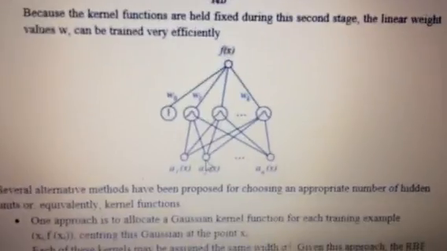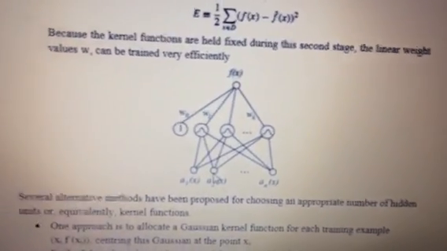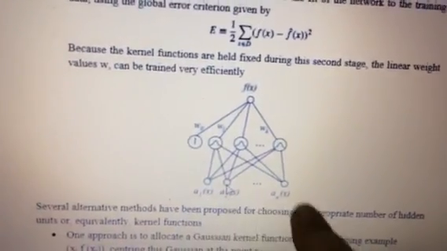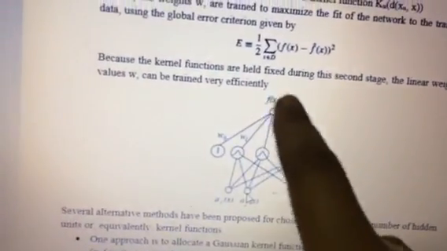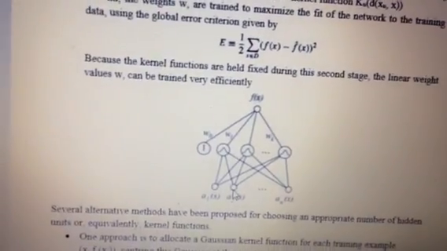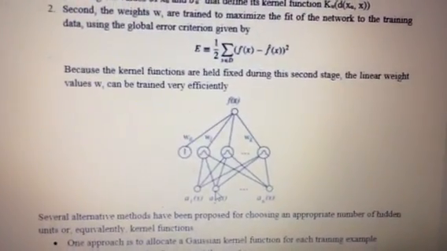So this is a form of an artificial neural network. Here you can see these are the input values, and this is a hidden layer, and finally we are going to get an f of x function. So that is a global function.